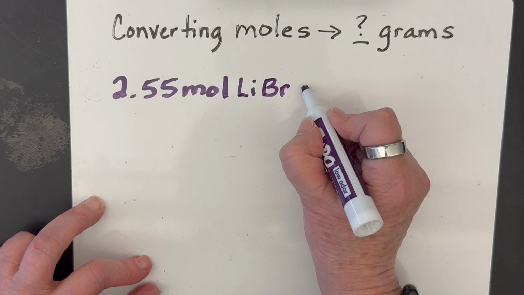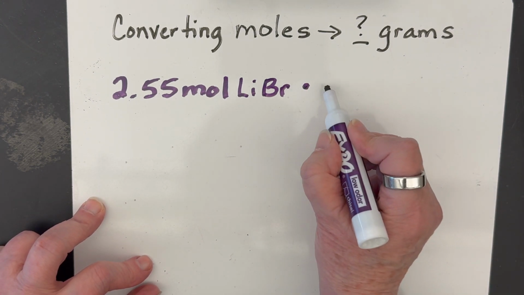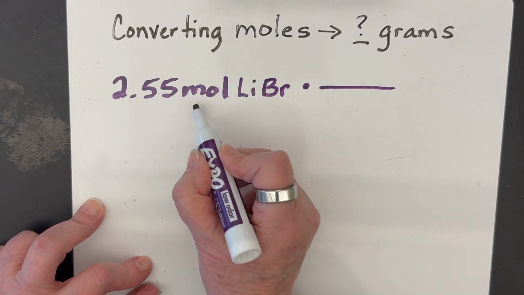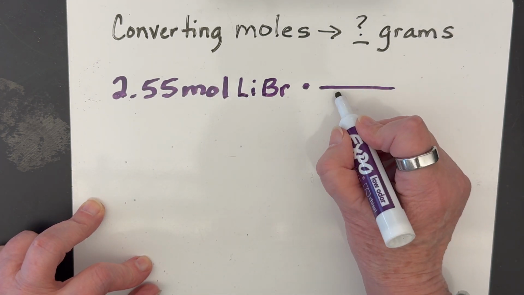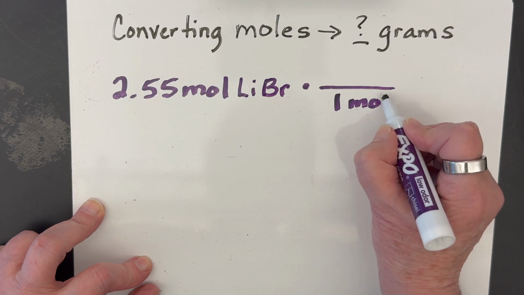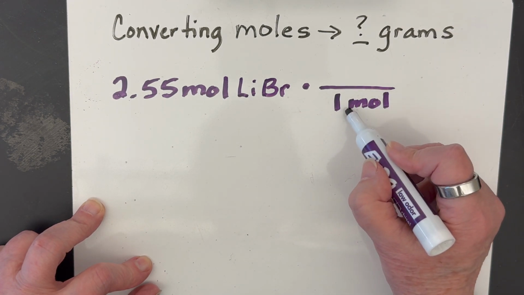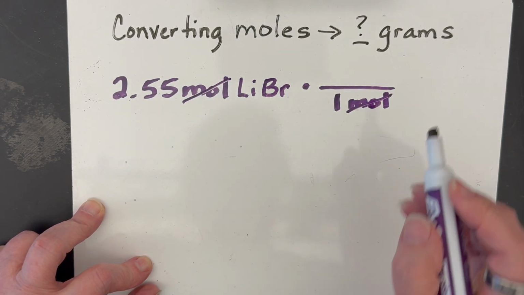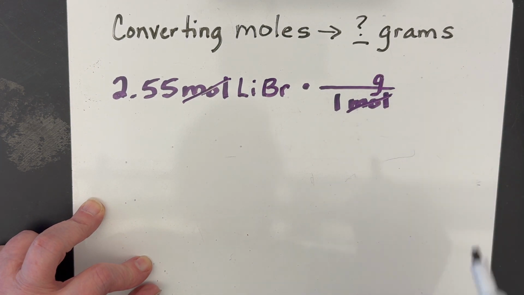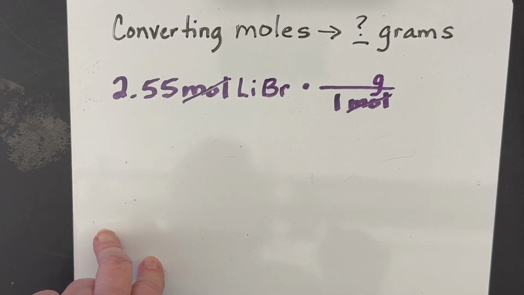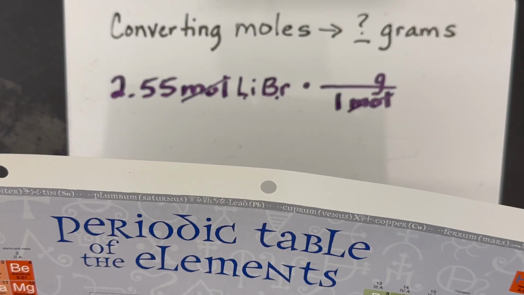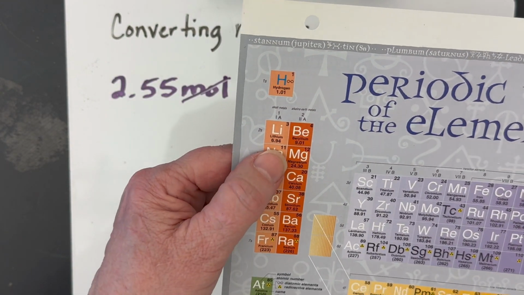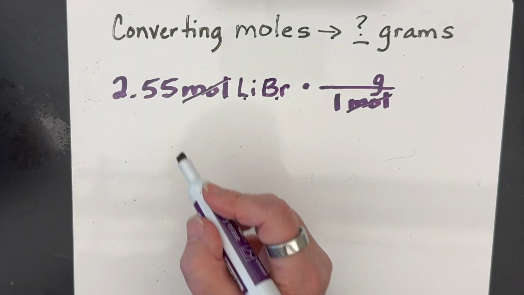This time, when we do our conversion factor, since we have moles given, moles is going to have to go on the bottom. So our 1 mole is going to have to go on the bottom of our conversion factor so that mole cancels. And we're going to have to put our molar mass in grams on top. So LiBr is 1 Li, 1 Br. So Li is right here, 6.94.